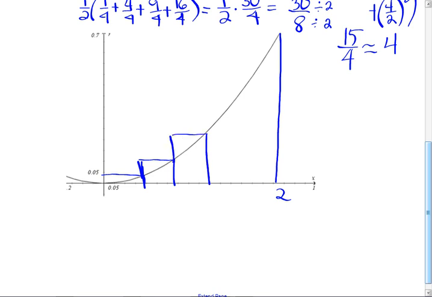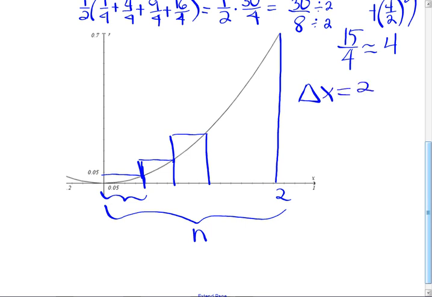Yes, you can make them big, but how big will each one of these little intervals be? Not one. You're dividing all of this into n rectangles. Is it n over 2 or 2 over n? It's 2 over n. That's my delta x is equal to 2 over n.